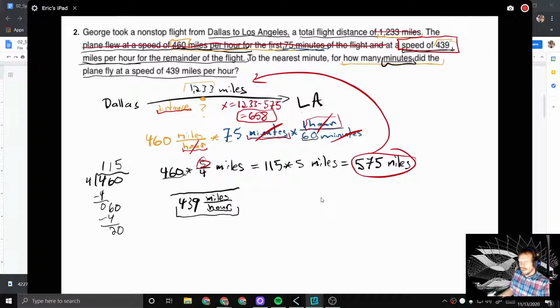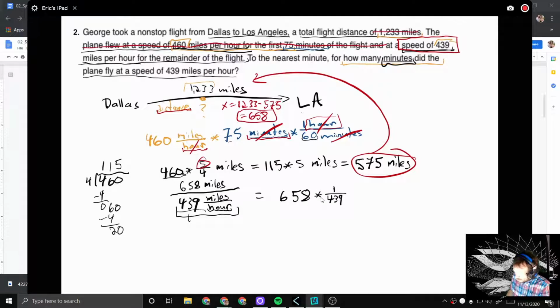So let's take, to the nearest minute, for how many minutes did the plane fly at a speed of 439 miles per hour. What did we have here? 658 miles. So we take 658 miles, divide by this, and when we flip the denominator over, we get 1 over 439.